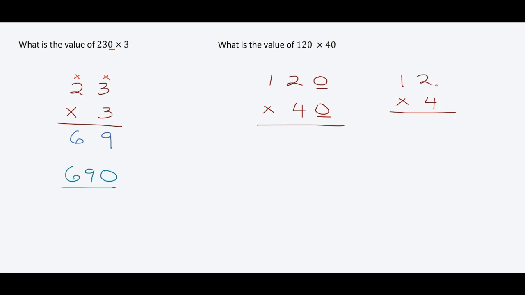So we have 2 times 4 is going to give us 8. 1 times 4 is going to give us 4. So now we have 2 zeros, and we have 12 times 4 is 48. So our answer is going to be 48 with the 2 zeros at the end.